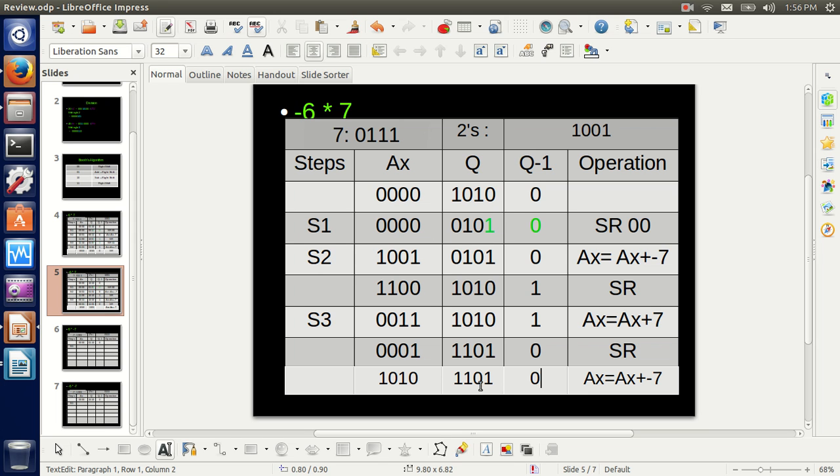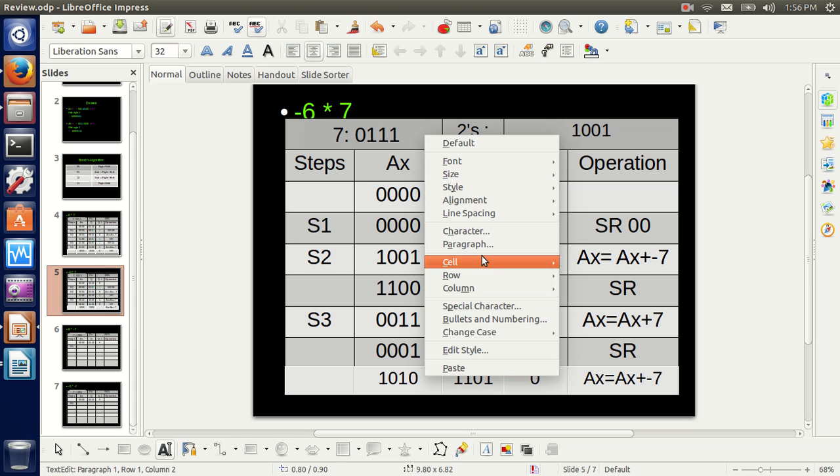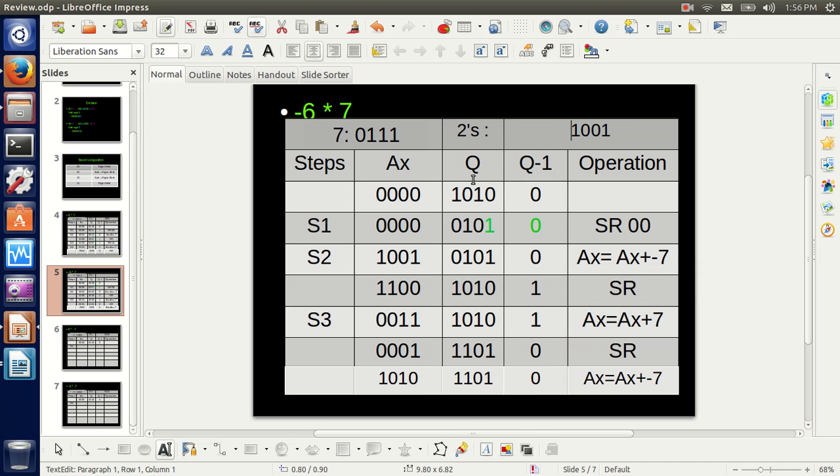Now I'm going to shift this, and I'm not sure why it's not allowing me to add any.